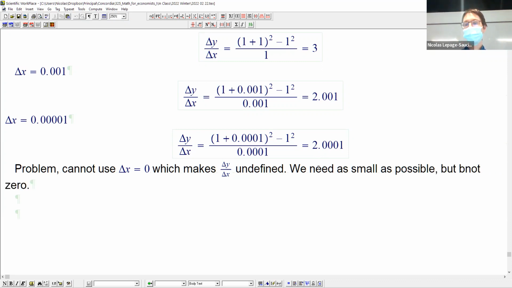So there are different ways of doing this, but the most popular one, which I'm sure most of you have seen, is the limit. The limit as delta x tends to 0 of this fraction there.